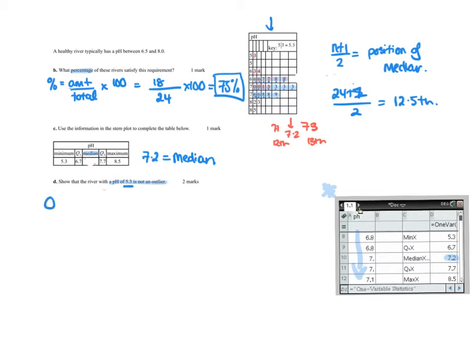So I'm going to use the lower formula, which is Q1 minus 1.5 times the interquartile range, which equals 6.7 minus 1.5 times 8.5 minus 6.7.